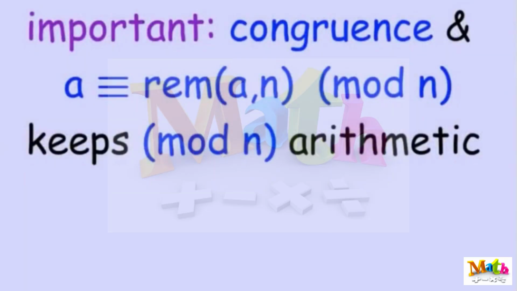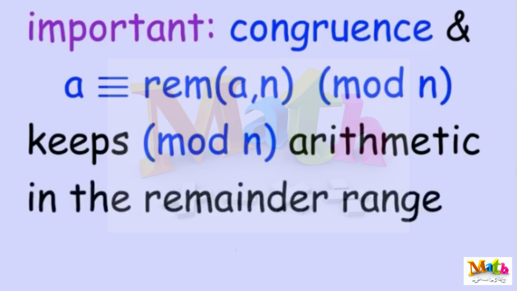And the other crucial point that follows from this fact about remainders is that because a is congruent to the remainder of a divided by n, when I'm doing arithmetic on congruences, I can always keep the numbers involved in the remainder range from 0 to n minus 1.